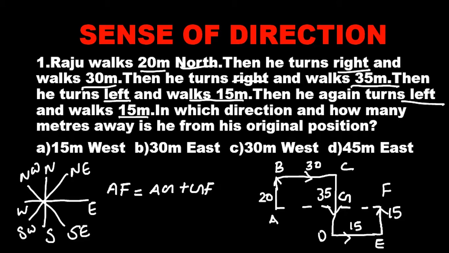AG is equal to BC, that is 30. AG is 30, plus GF is equal to DE, that is 15. That is equal to 45 meter. 45 meter is the distance from his original position A to final position F.